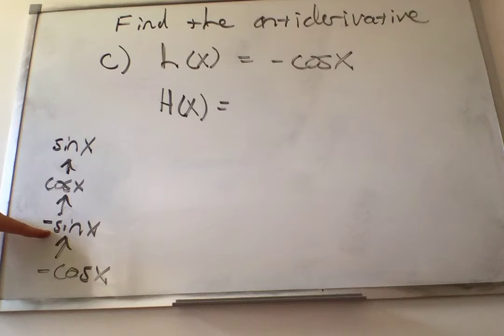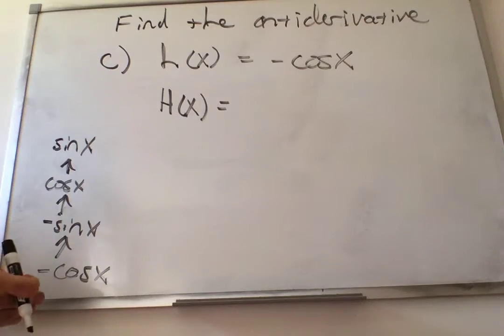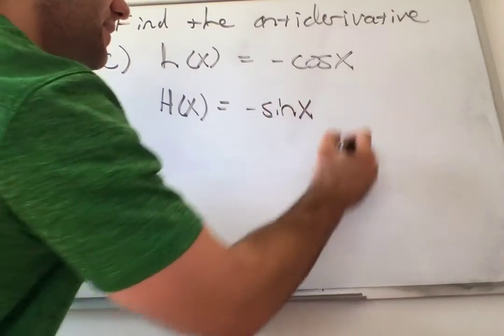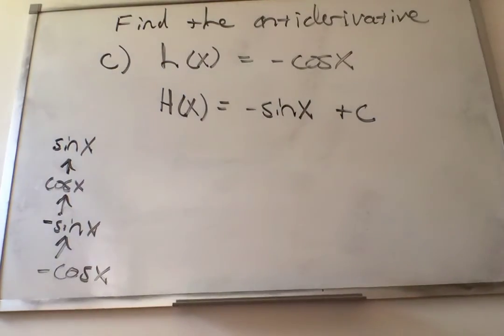The antiderivative of negative sine of x is cosine of x. The antiderivative of cosine of x is sine of x. And then it would just cycle back around, okay? So just based on looking at this, we could get the answer here. So the antiderivative of negative cosine of x is negative sine of x, and then don't forget your plus c.